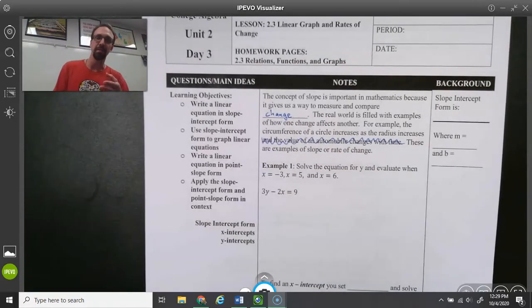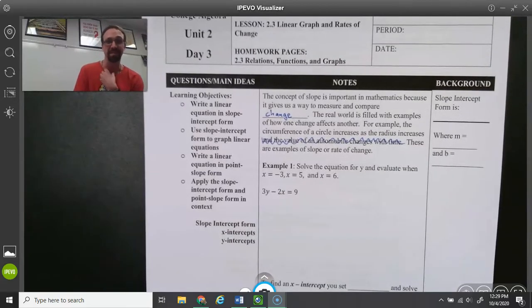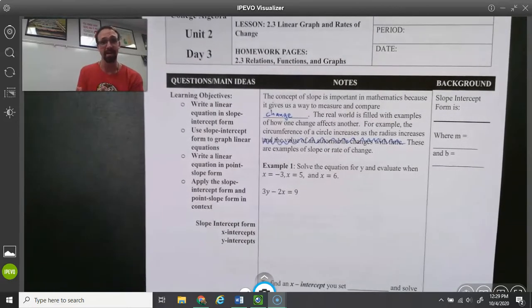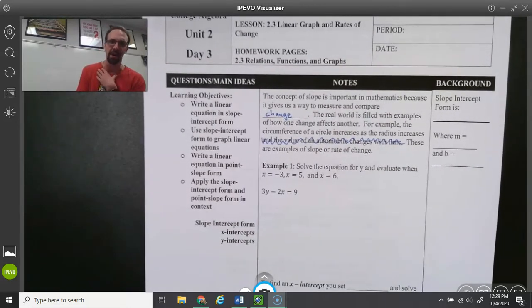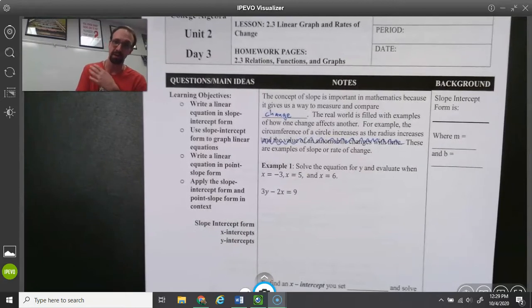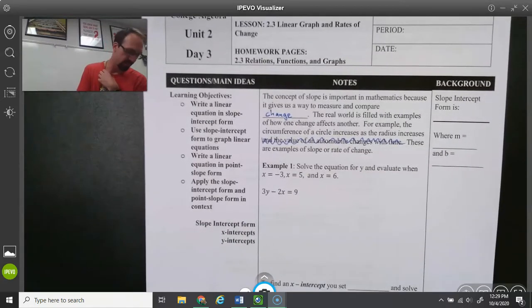The value of an automobile changes in time is essentially its own sentence. It's not connected with the circumference of a circle. As for the worth of an automobile, usually it decreases over time. Sometimes it can increase over time. Sometimes it decreases and then it increases. All these types of things we're going to be talking about as we move through this particular section and course. So these are examples of slope or rate of change.